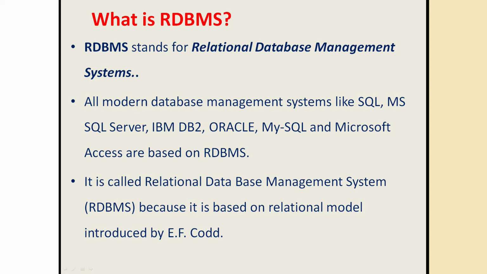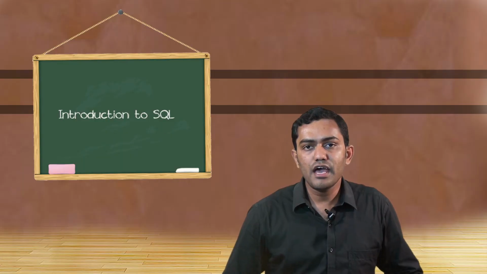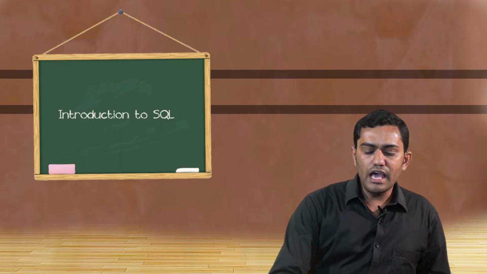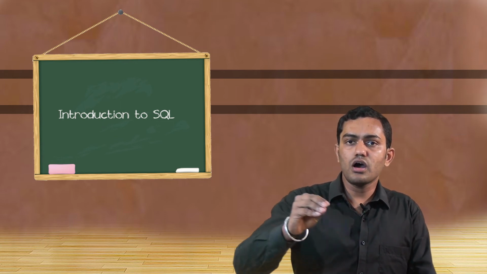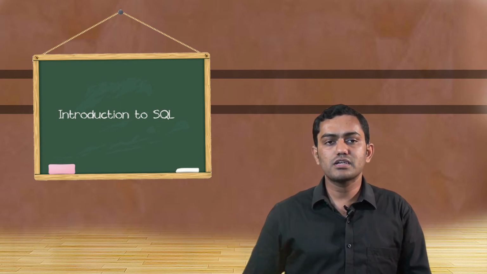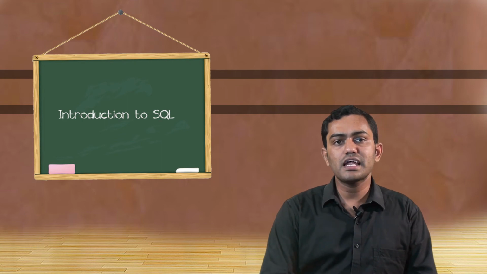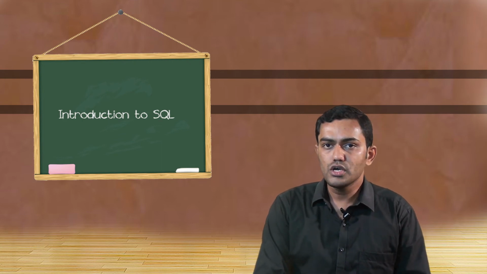It is called a relational database management system because it is based on the relational data model, which was developed in 1970 by E.F. Codd. Depending upon that concept, all the different types of database applications came into use.